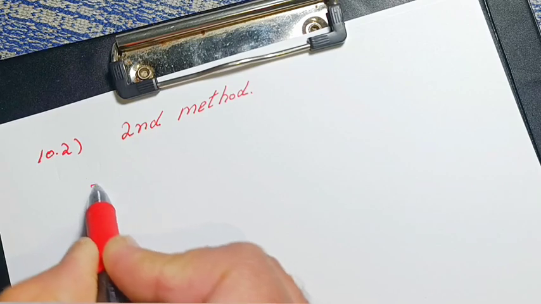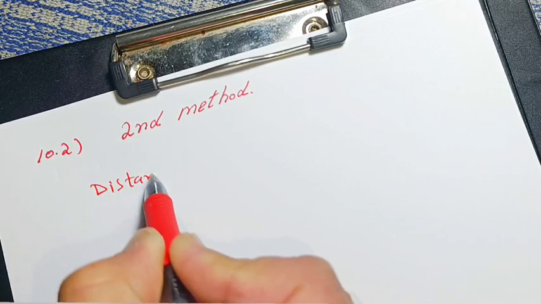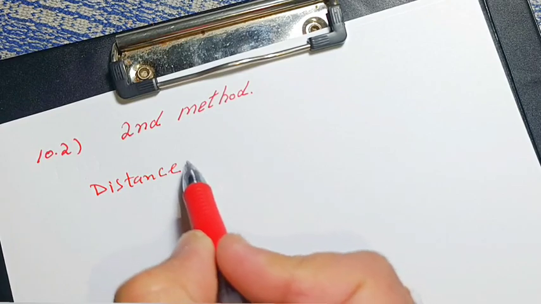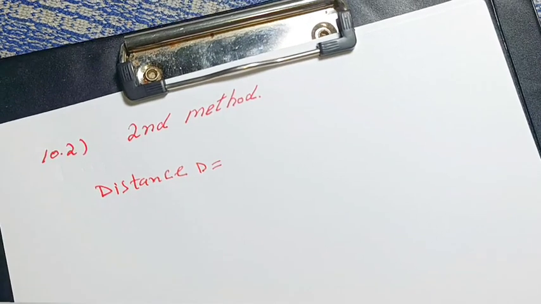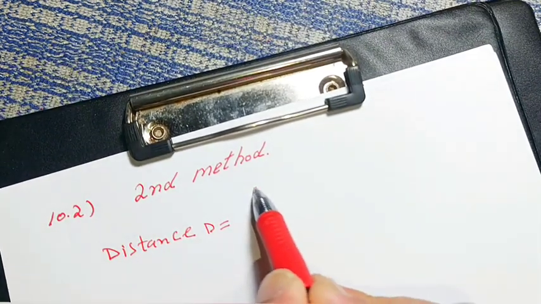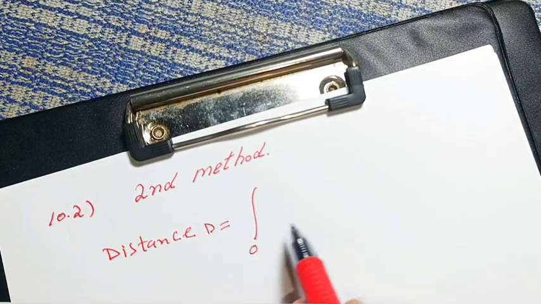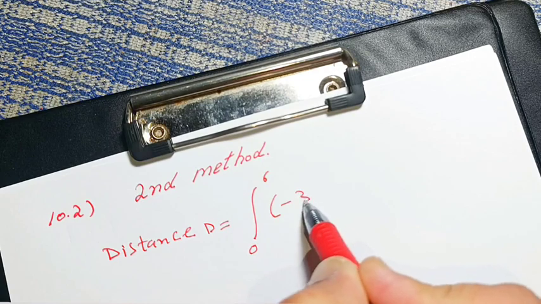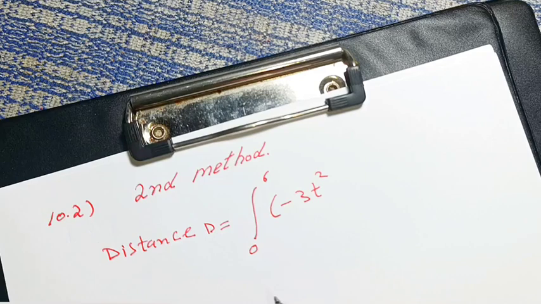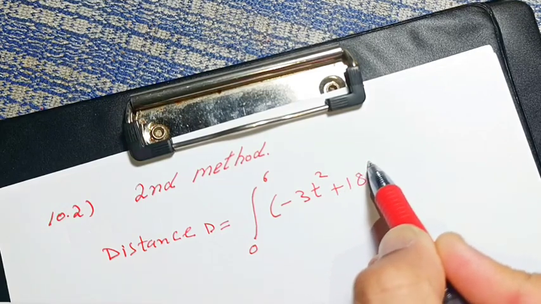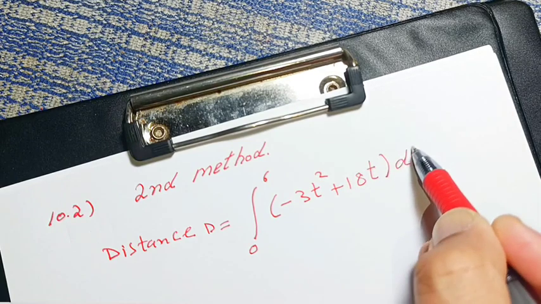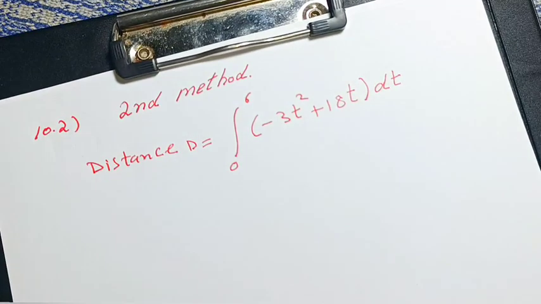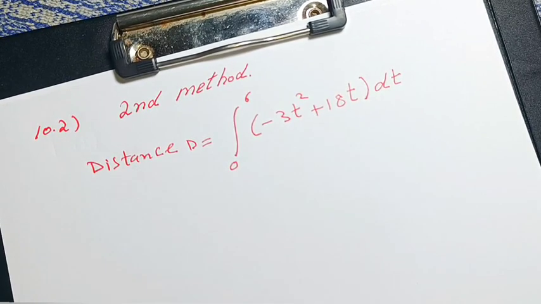So distance d is equal to the integral between 0 and 6 of negative 3t square plus 18t dt.